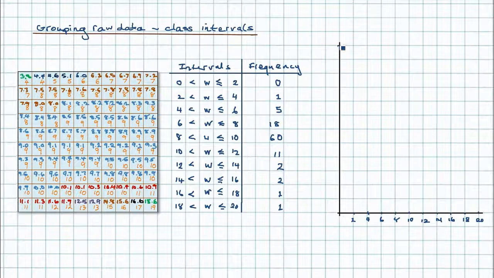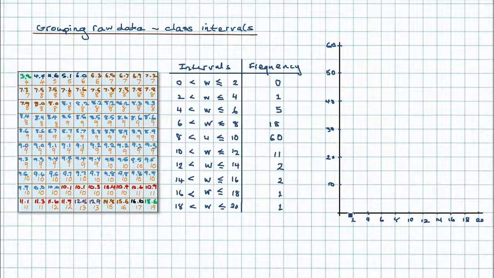We know that the maximum frequency is 60. So that needs to be at the top here. And if I just number these down, I'll have 10, 20, 30, 40, 50, up to our maximum number 60.